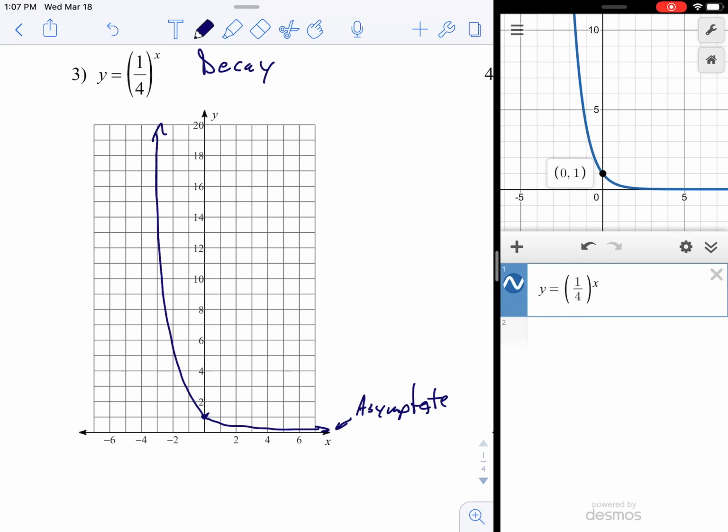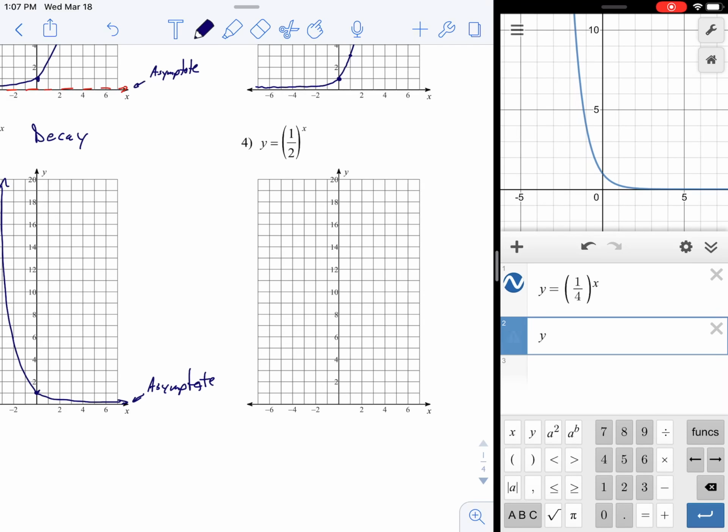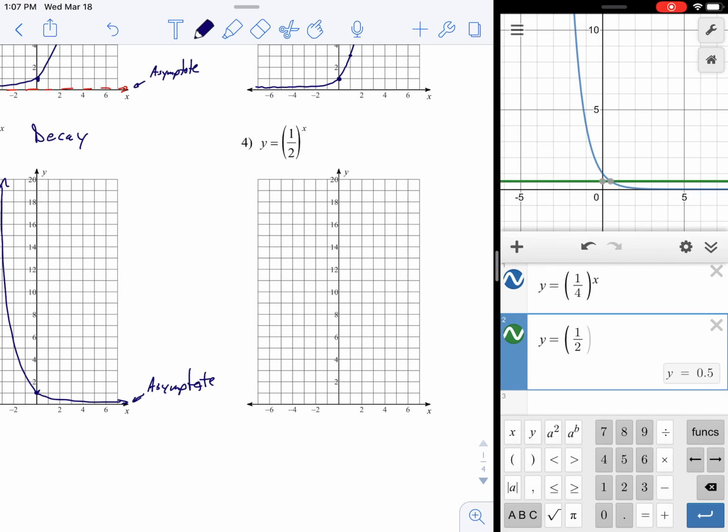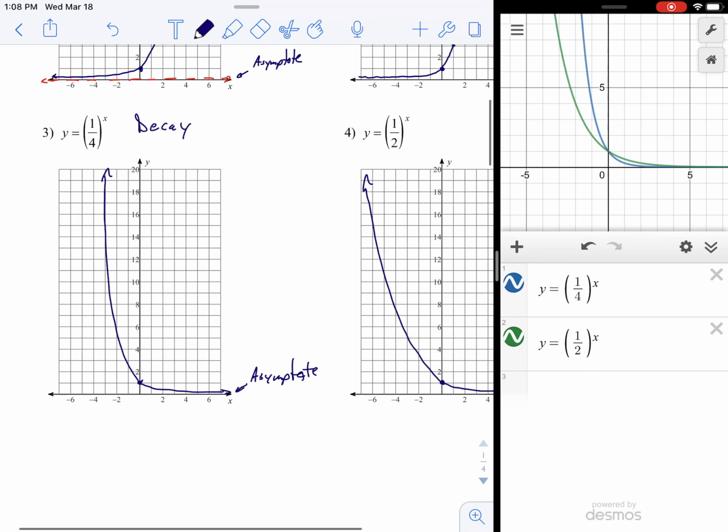Same x-intercept. And then what happens if we change the base number 4 here to 1/2? Y equals parenthesis 1 divided by 2 raised to the x. This one, same y-intercept, same asymptotic behavior, same asymptote, but it's a little less steep than this one.